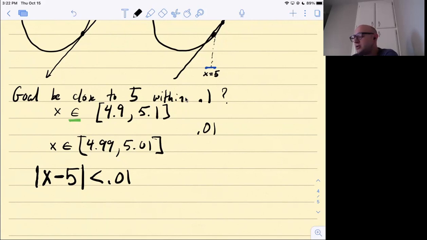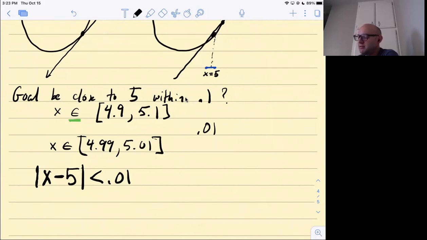And not only that, but later you'll see that we say, okay, what if we make it closer and closer? So we don't even use 0.01. We use a number called epsilon, a variable that represents a number getting smaller and smaller, not just 100th, but 1,000th, 1,000,000th, a billionth.